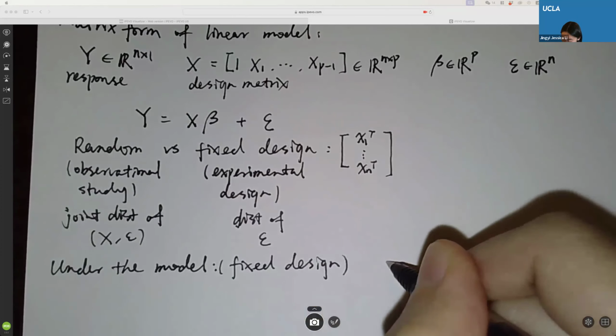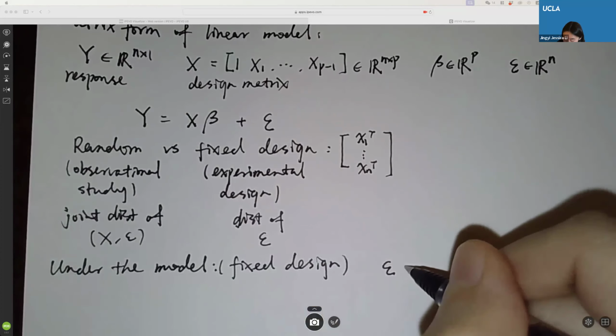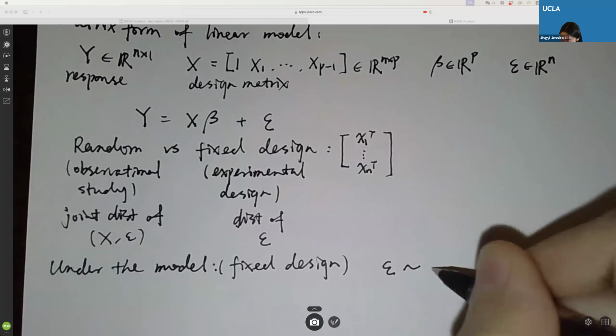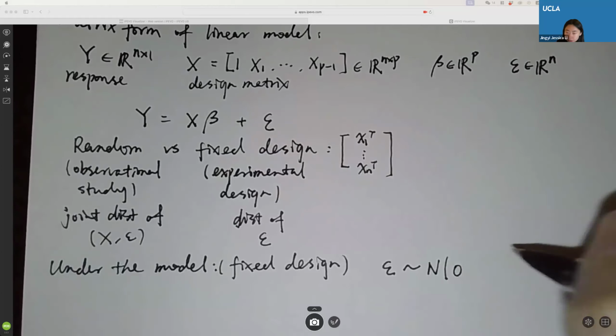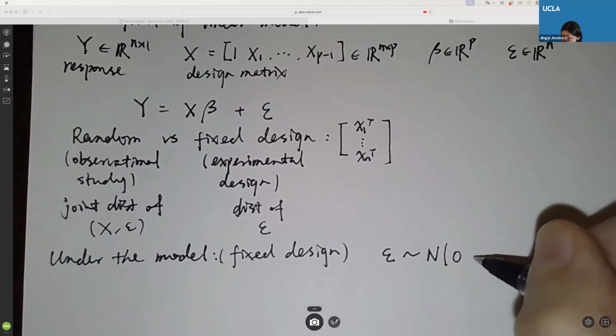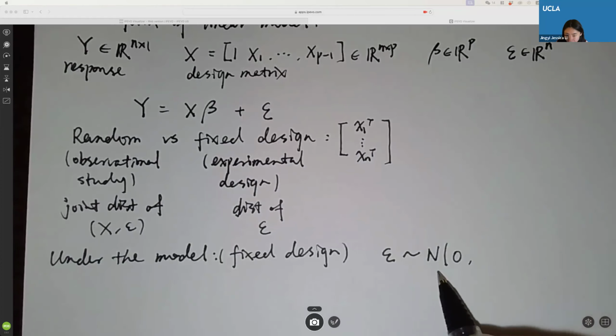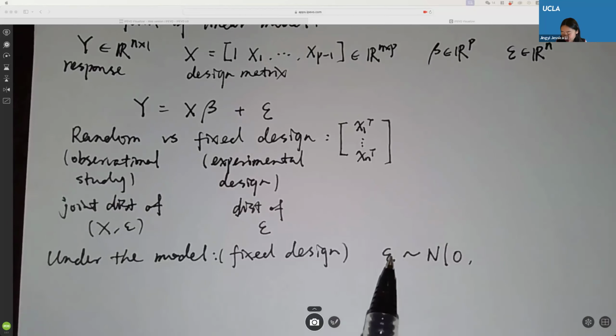If we assume that epsilon as an n-dimensional vector follows an n-dimensional Gaussian distribution with mean 0, and for multivariate Gaussian, we talk about the variance covariance matrix, right? Because we have n random variables here. So we need to consider each one's variance and their pairwise covariances.